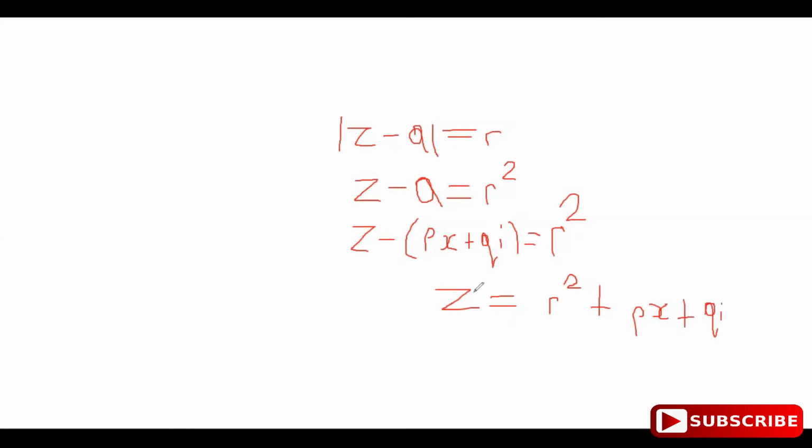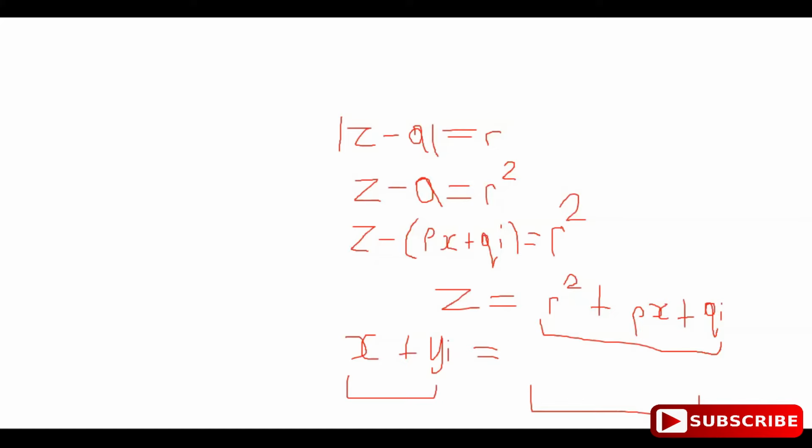Then you can let this z be x plus yi. X plus yi is equal to this side, right? So what you're sketching is this complex number being equated to this, and it works out to be a circle.